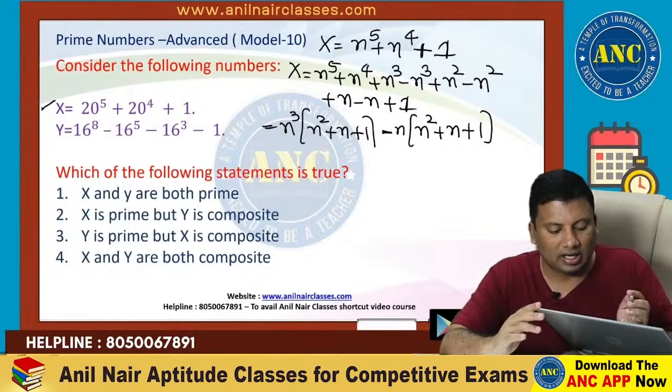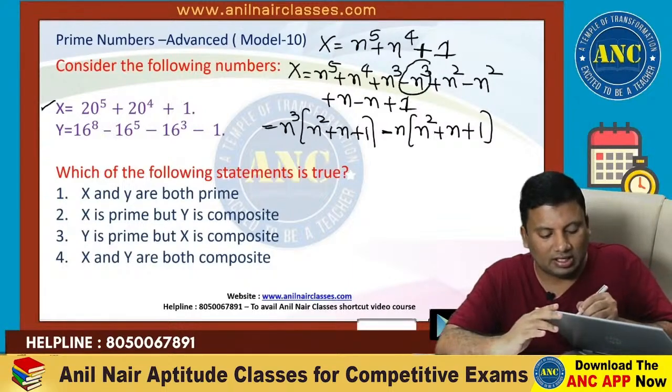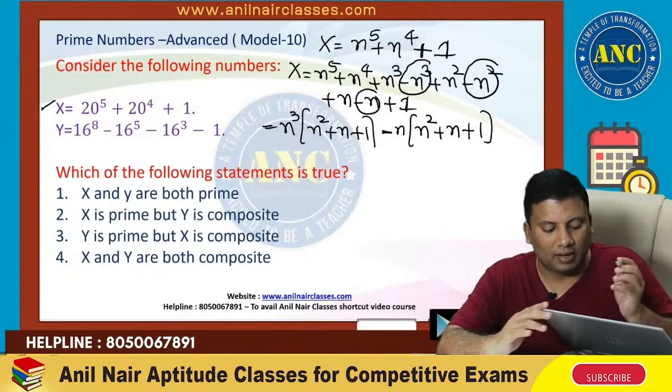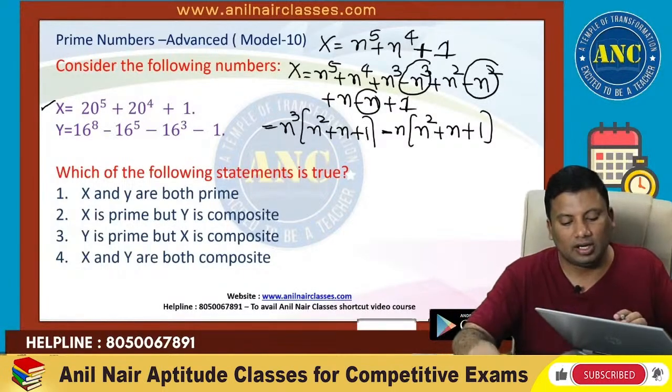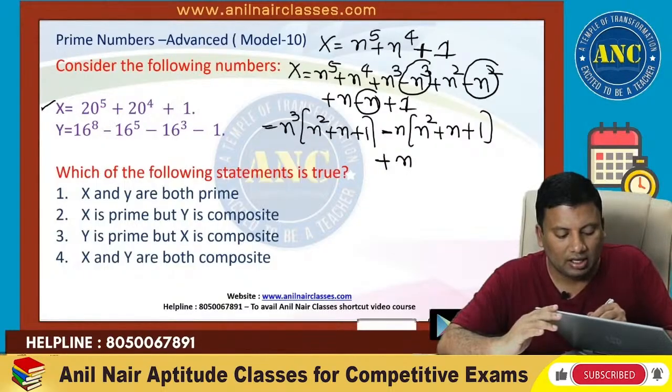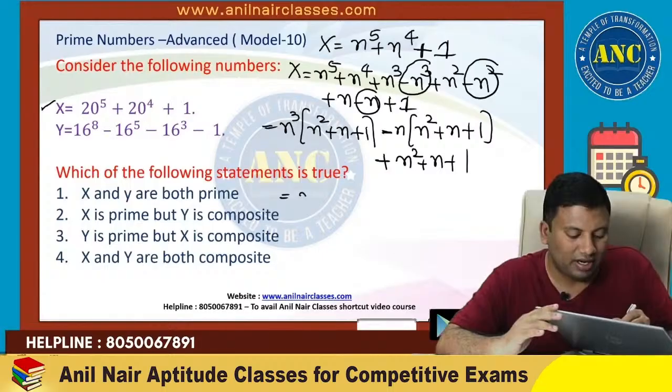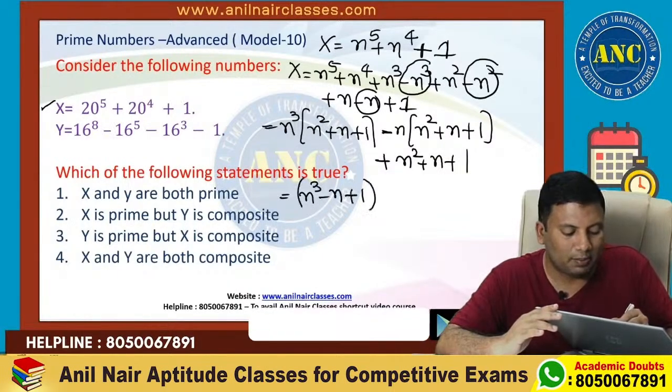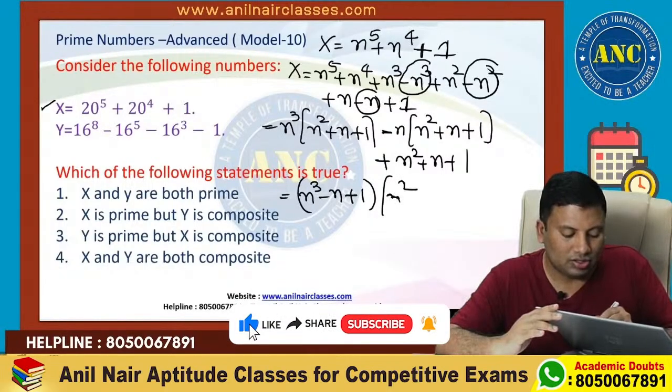I hope it is clear from where I am taking this value and this value. I am taking minus n common, n square plus, what is remaining? N square plus n plus 1. If I take n square plus n plus 1 common, this is nothing but n cube minus n plus 1 into n square plus n plus 1.